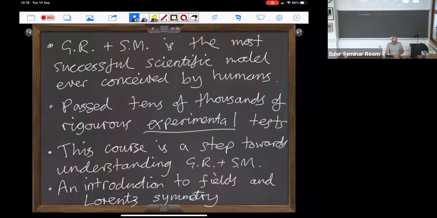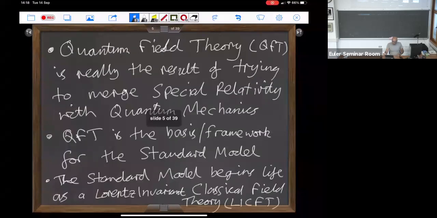Really, it's an introduction to what fields are, how to work with fields, and Lorentz symmetry. The standard model of particle physics is an example of what's called a quantum field theory. So in this course, we're going to be talking about classical field theory.